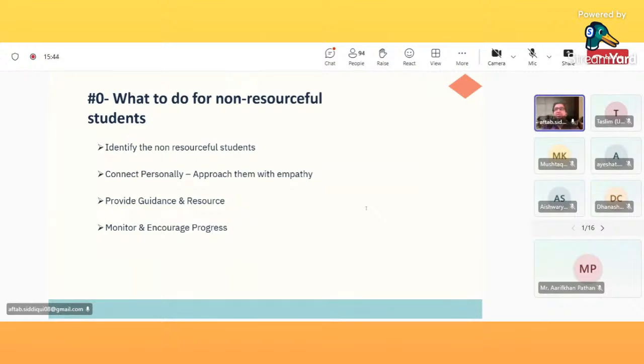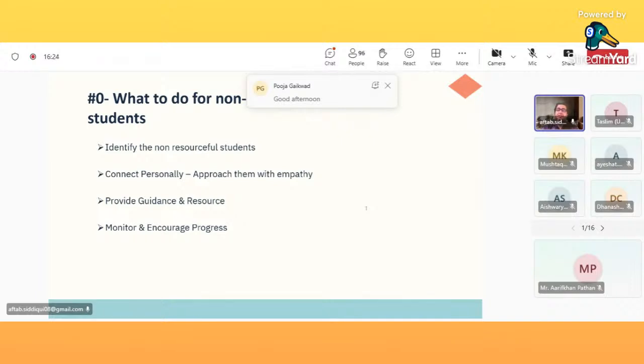Every school is having an in-house counselor now, and this culture is being adapted in the colleges and in the companies also. They have in-house counselors who talk to the student one to one, understand their struggle, and thereby help them to overcome their study struggle. So the second thing you can do is, as a professor, as a pharma teacher, approach those students with empathy, without any judgment, and have a one-to-one conversation to understand exactly what challenges they are facing.